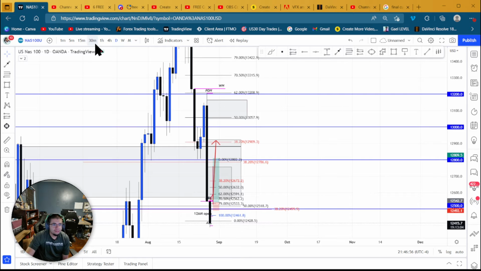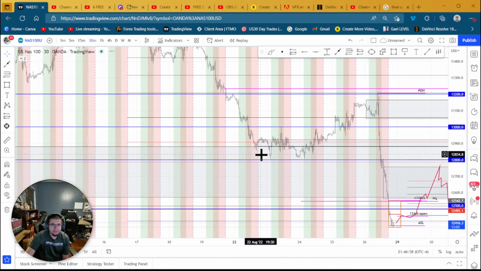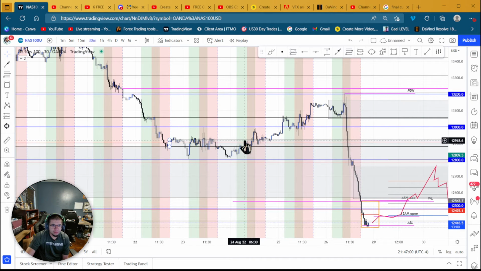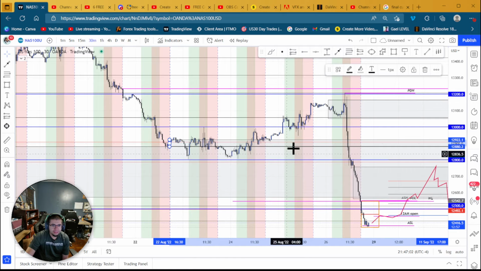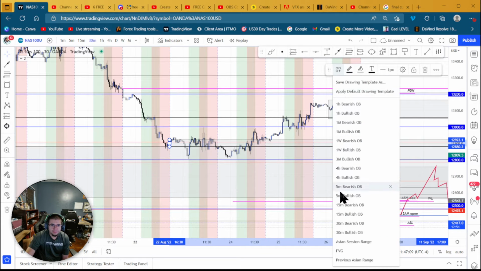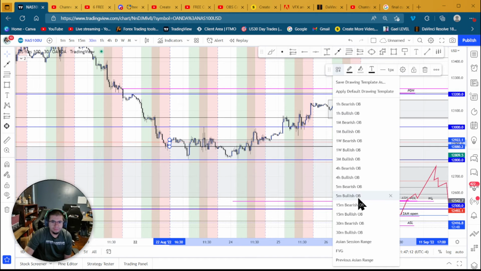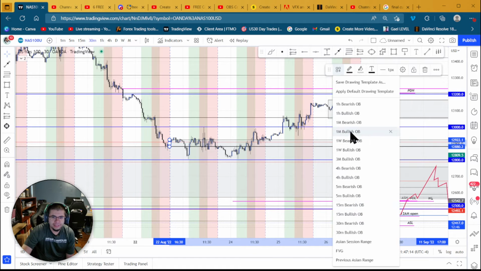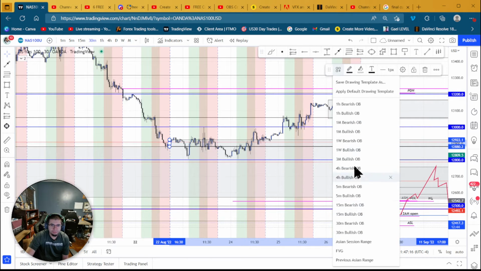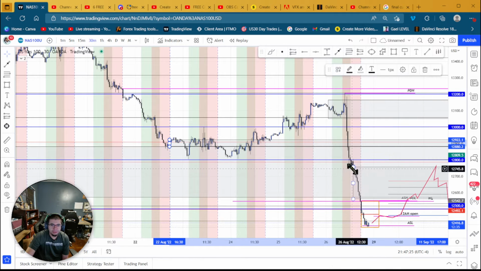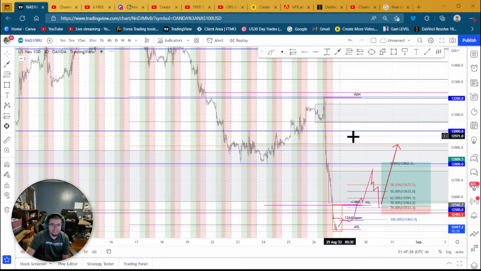So this right here is the daily. I don't have a daily bullish or bearish, so I'm just going to put a 4 hour bearish order block just so I can kind of see that on the chart.